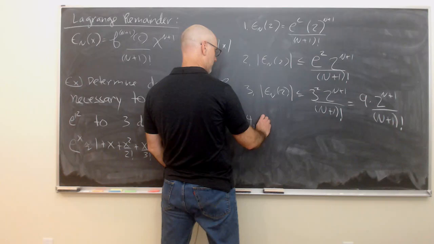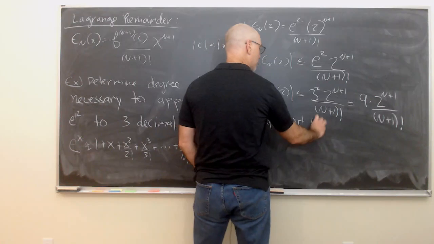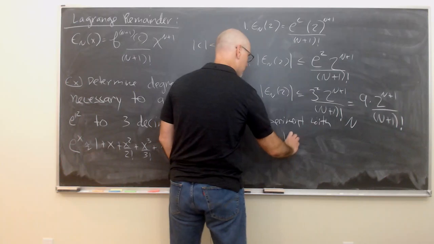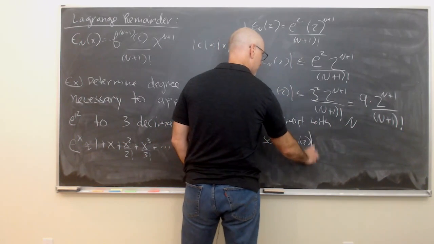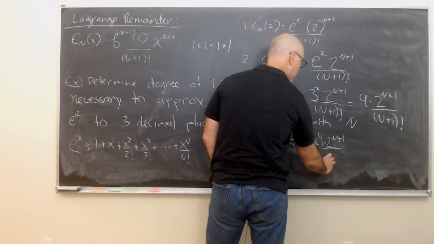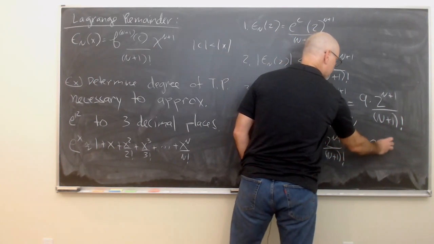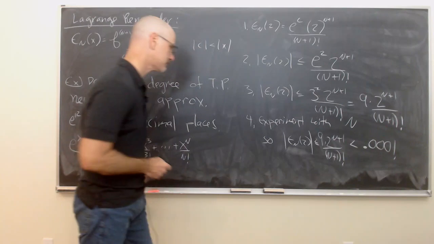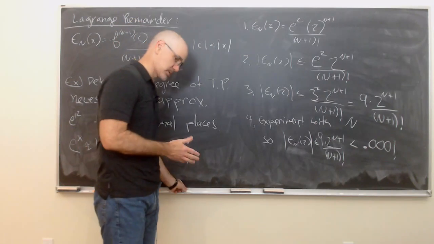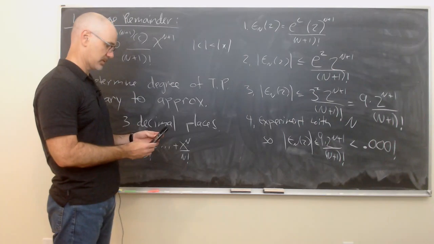So experiment with N. The error involved, 9 times 2 to the n plus 1 over n plus 1 factorial, should be less than 0.0001. And I think if you use your calculators to do this, the magic number will be n equal to 10. So let me check.